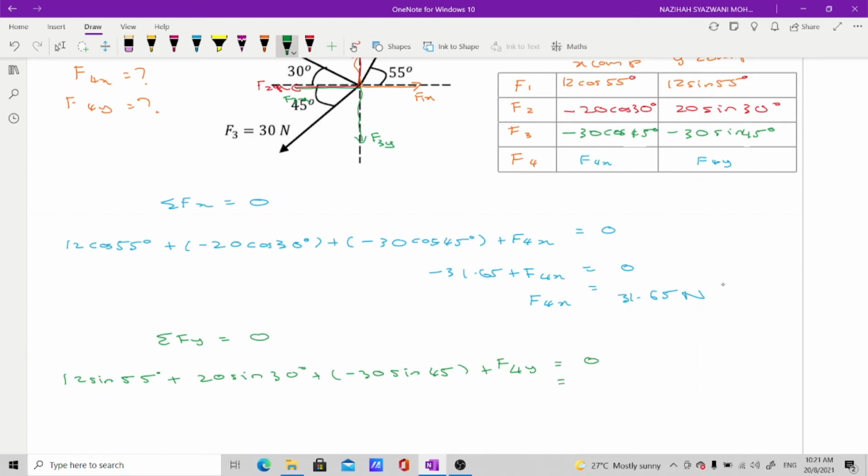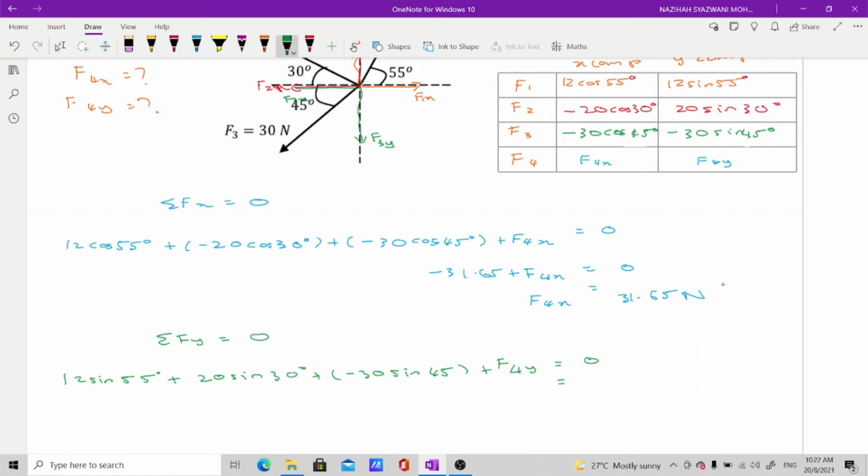Let's press the calculator: 12 sine 55 plus 20 sine 30 plus negative 30 sine 45.